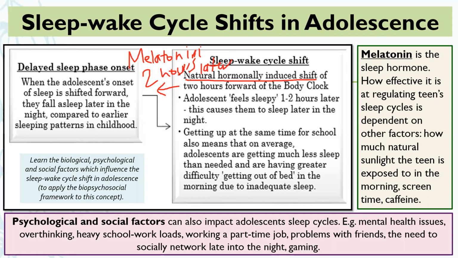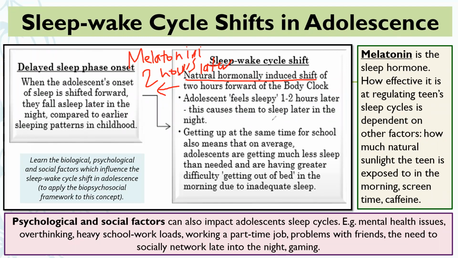If your melatonin used to get released at about, let's say, 7 o'clock when you're in grade 6, and then you fall asleep at about 9 o'clock at night, that's obviously normal for that age. But once you've reached adolescence, once you've passed puberty, there are certain hormones released during puberty, like, for example, the growth hormone, which actually affect what time melatonin is released.